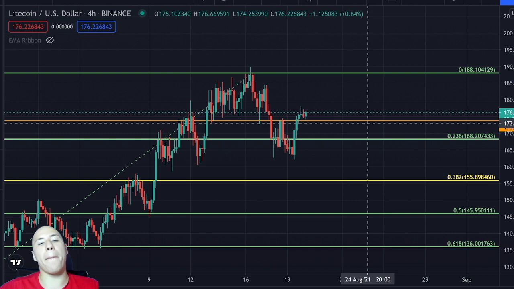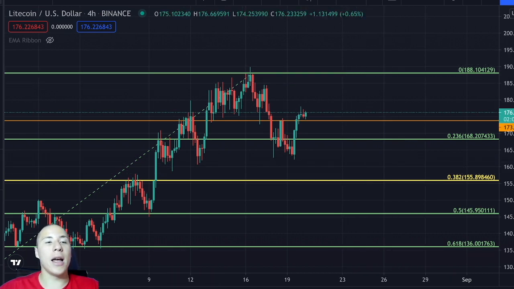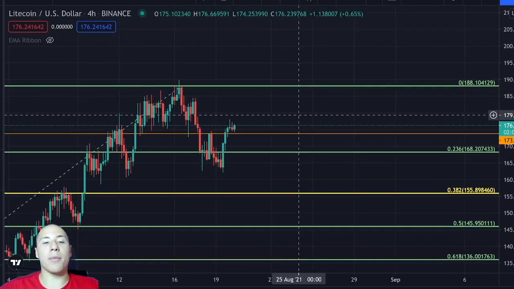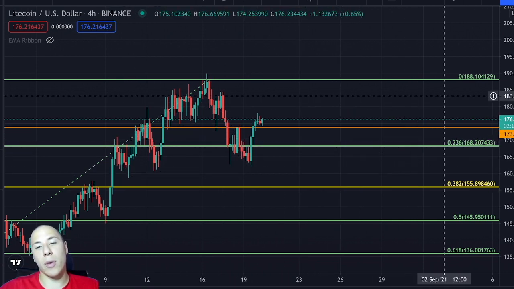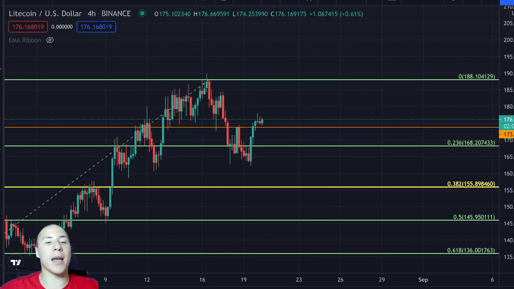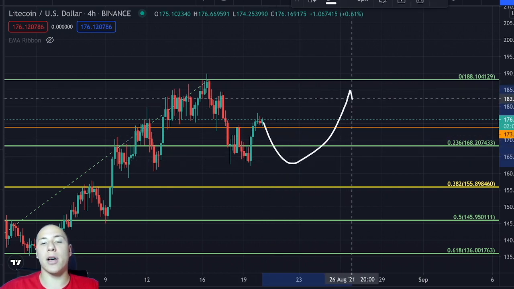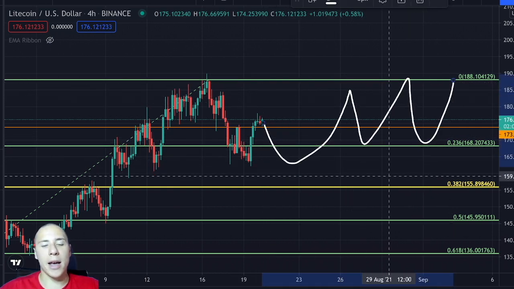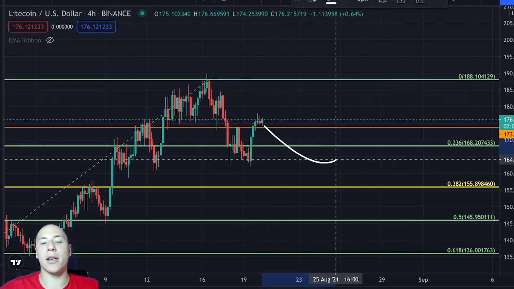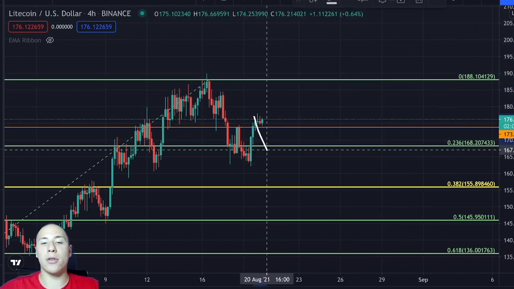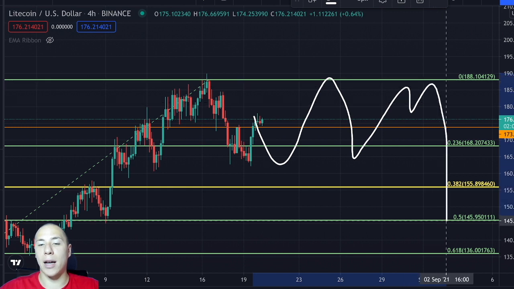That could be a major level of consolidation that we could probably see right over here, Litecoin trading in between these two levels of Fibonacci. So that is something that could possibly happen for the upcoming days before seeing a major breakout occur either towards the upside or towards the downside eventually.